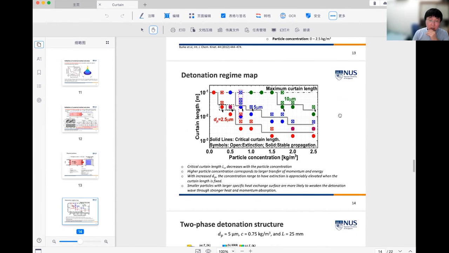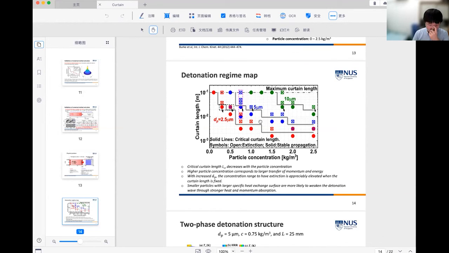So here is our summary of the research results. It is the curtain length as a function of particle concentration and particle size. The solid line is the critical curtain length, and the open symbol means detonation extinction, and the solid symbol means stable propagation of the detonation wave.